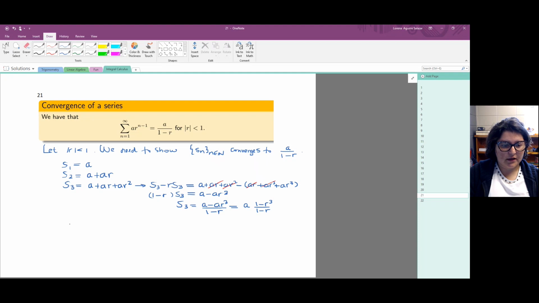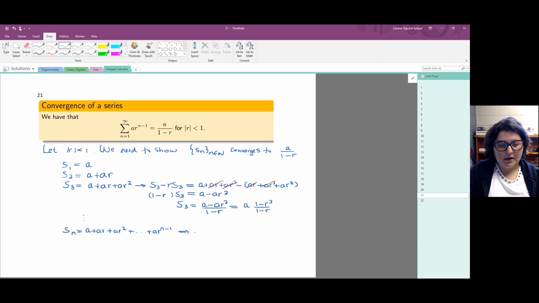Let's see what we do with Sn in general. When we have Sn, we're adding terms from a to a times r to the n minus 1.